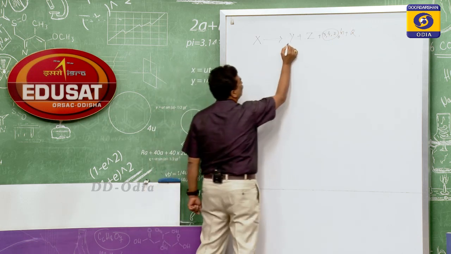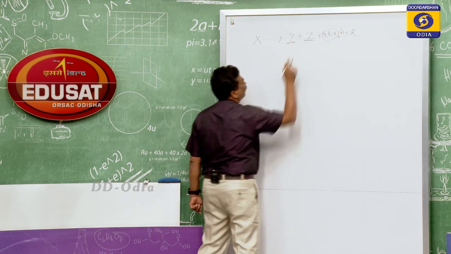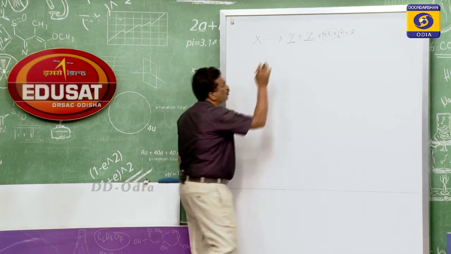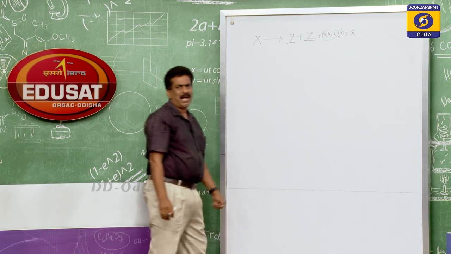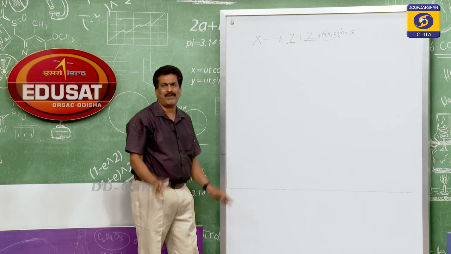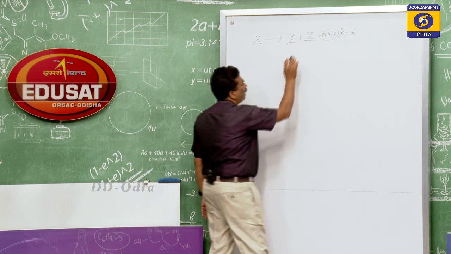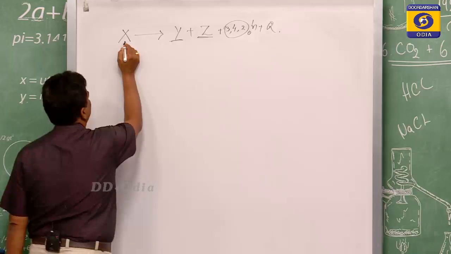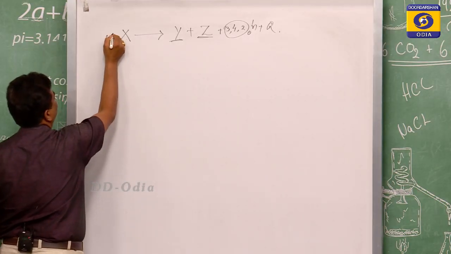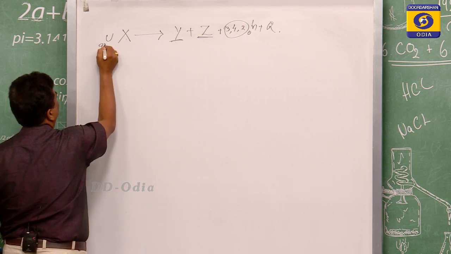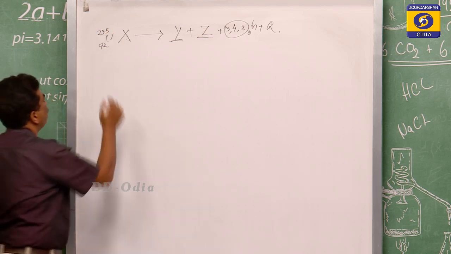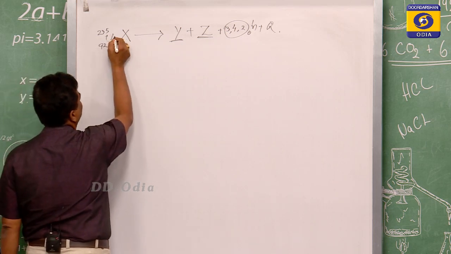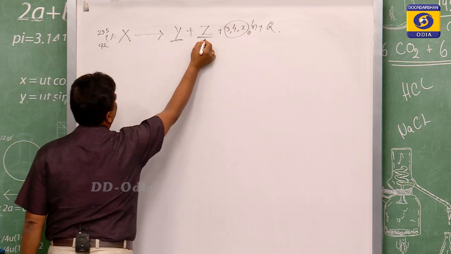Most elements give binary fission, and 4 out of 1000 fissions give tertiary fission. Suppose X is uranium 92, 235, and the two parts are Y and Z.